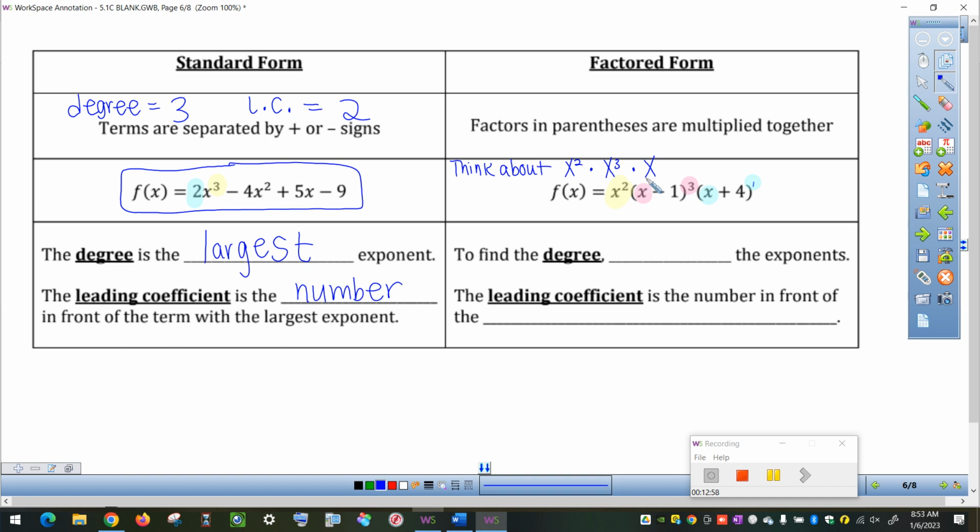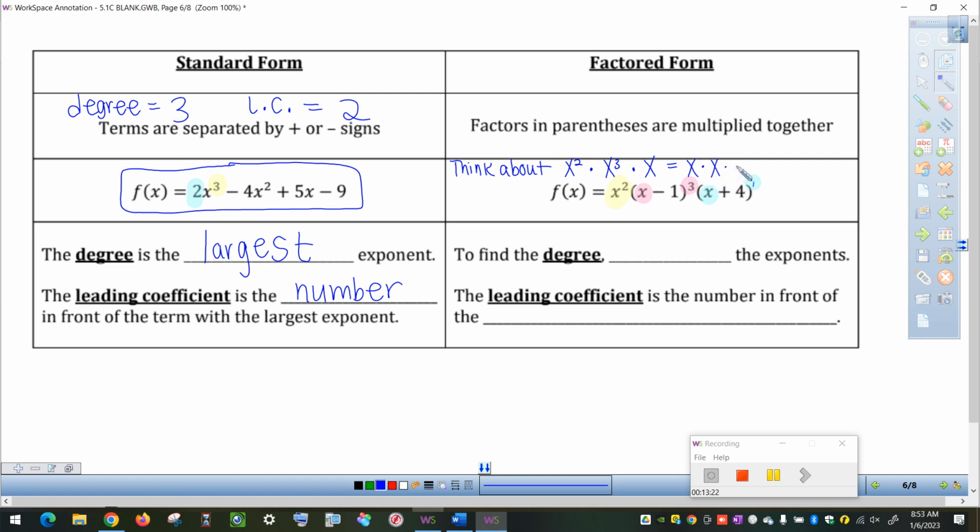So in thinking about what my biggest exponent would be if I did multiply the whole thing out, is thinking about x squared multiplied by an x to the third multiplied by x to the first. Now, if I were to really break this whole thing up, x squared is really x times x.